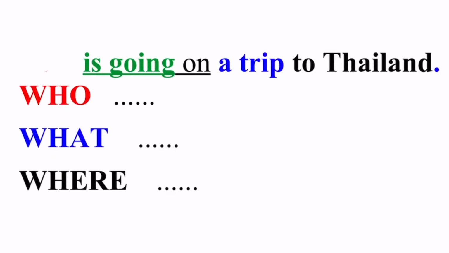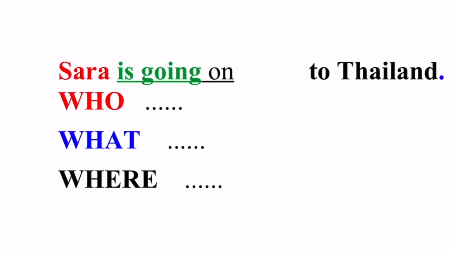Let's try the same with the second one. So the question is what? So Sarah is going on a trip to Thailand, and I'll leave you a gap for you to say, what? What is Sarah going on?